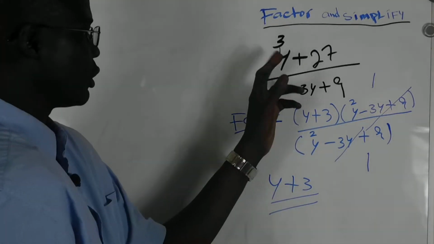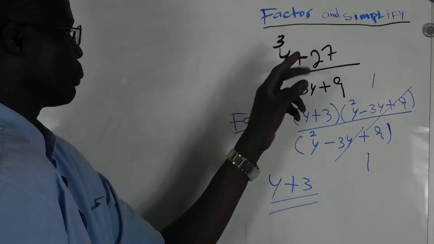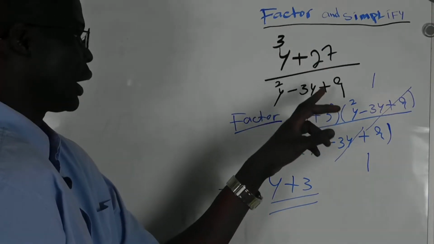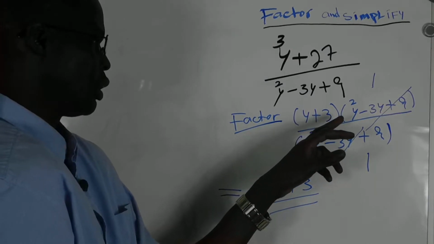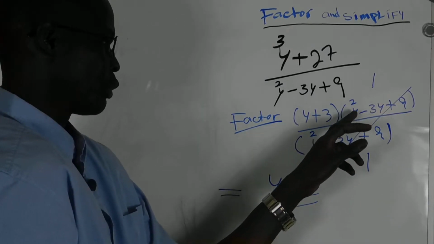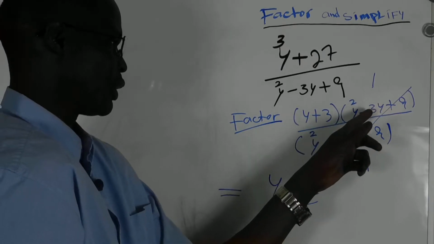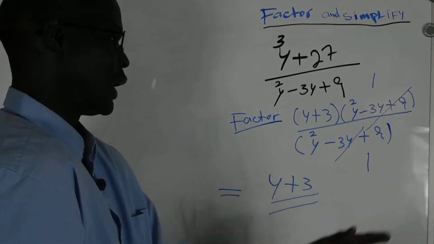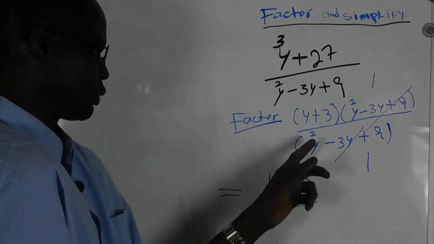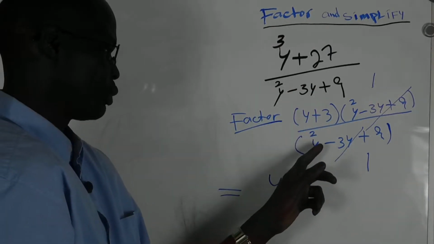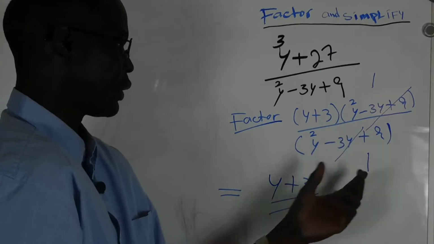So what we did actually, we factored the one on the top, and we got y plus 3 times y power 2 minus 3y plus 9. And we divided the whole thing by the bottom, which is y power 2 minus 3y plus 9.